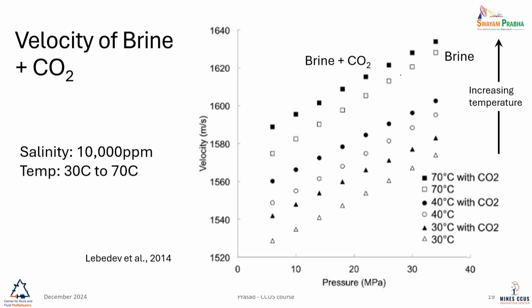This is brine, and this is brine plus carbon dioxide at a salinity of 10,000 parts per million. We see that almost always in this case, carbon dioxide increases the velocity. That gives us a very interesting way to understand the distribution of brine saturated with carbon dioxide and where it would go.